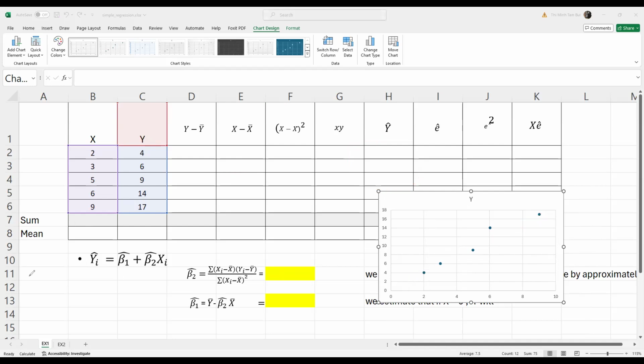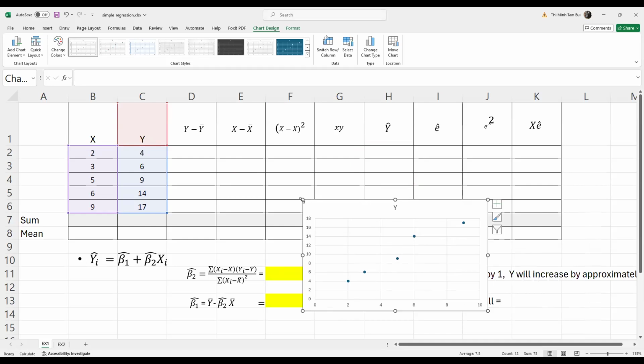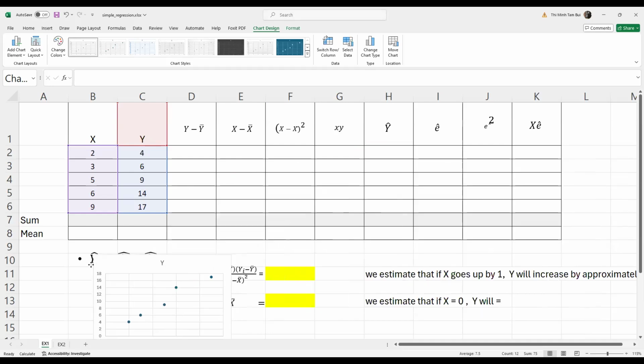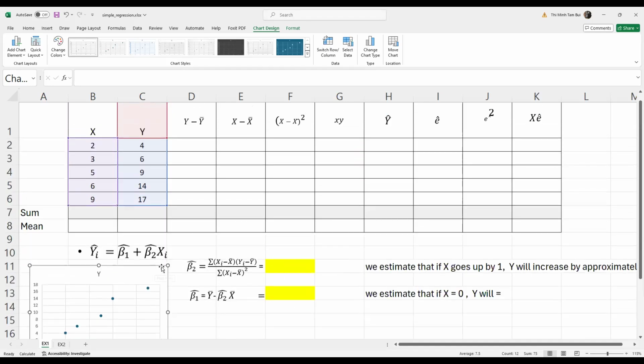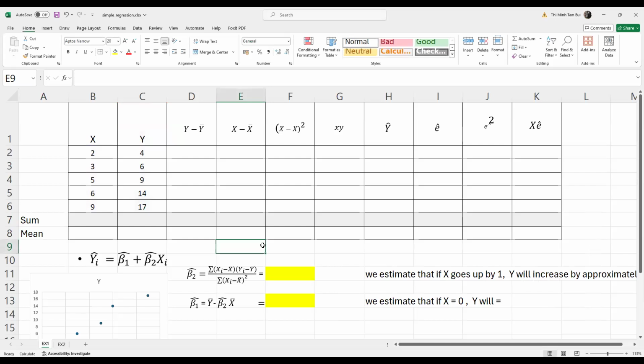So, you delete the chart first or make it somewhere else. This is the equation you need to make the linear line, and they gave you the formulas here. This is how to find beta 2 hat.